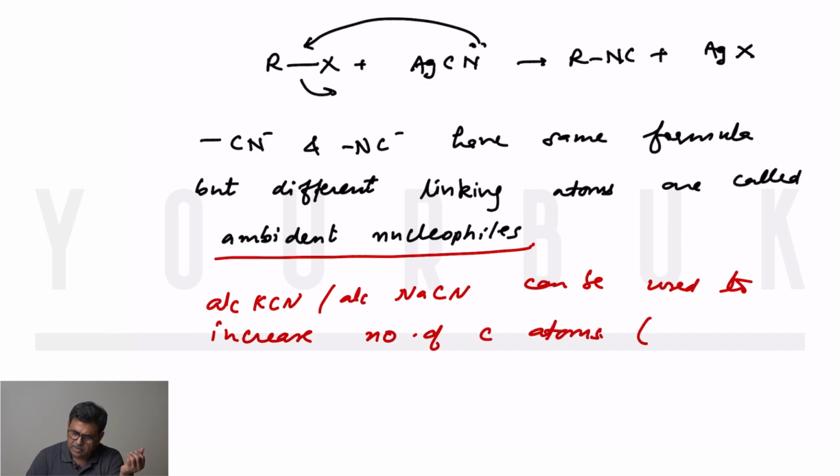So this is a method to step up the series. So this is the flow chart, how you step up the series. But remember, KCN or NaCN can be used only with halogen compounds, not with any other compound. So this is the starting RCH2Cl, which can be used with ethanolic KCN to give me this product.